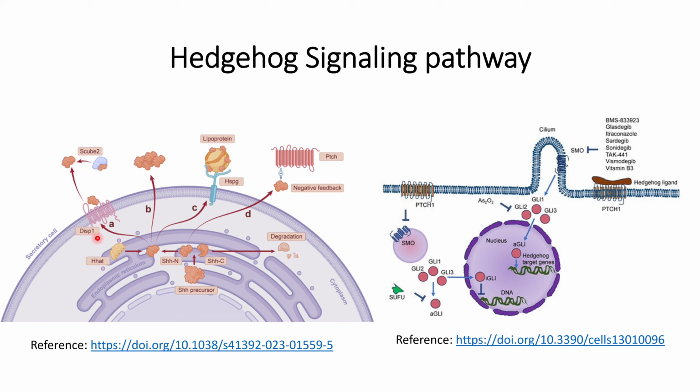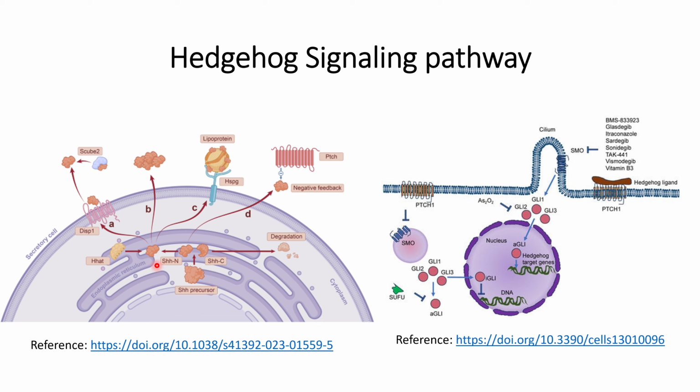The first one is through DISP1, where this SHH-N will go out of the cells and can interact with SCUBE2. In another case, SHH-N can directly go out of the cells in the form of a combined, poly SHH-N, and then it can easily go out of the cells.